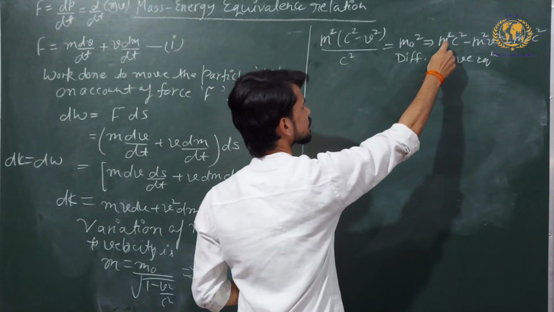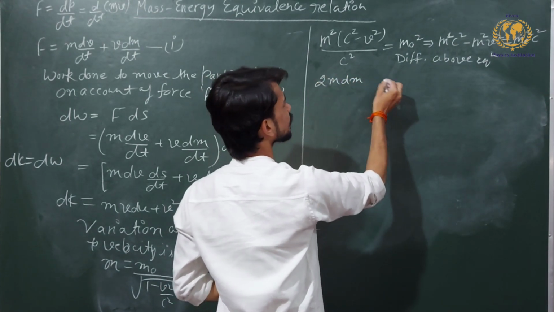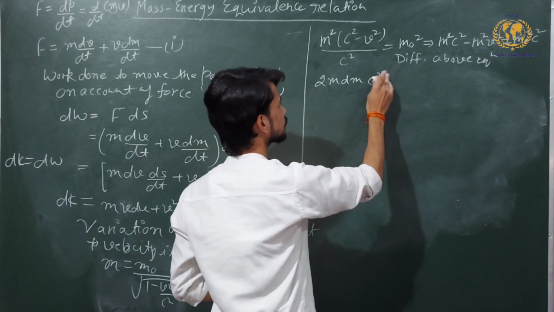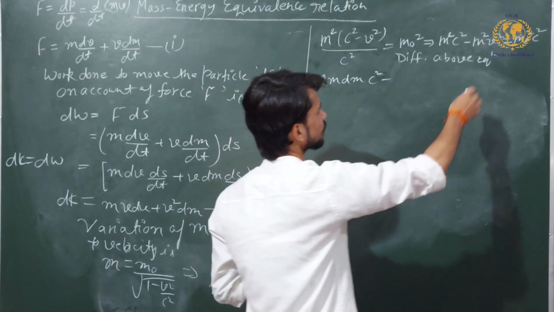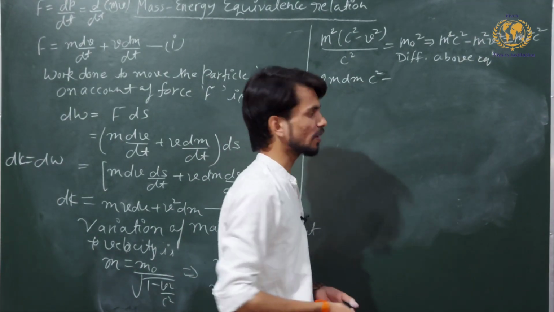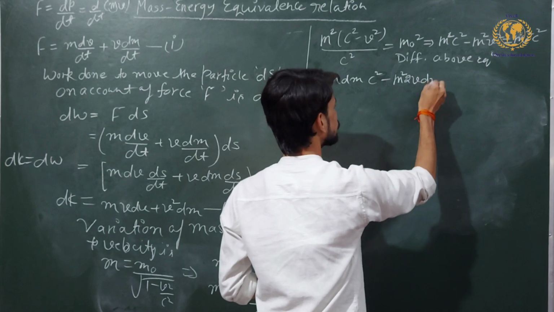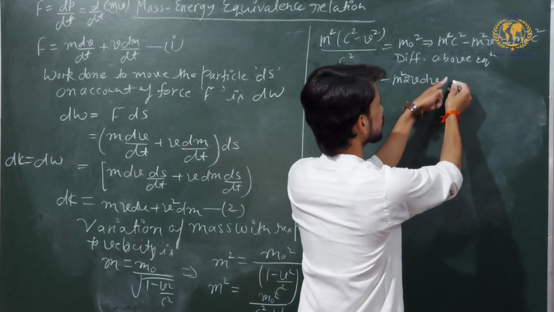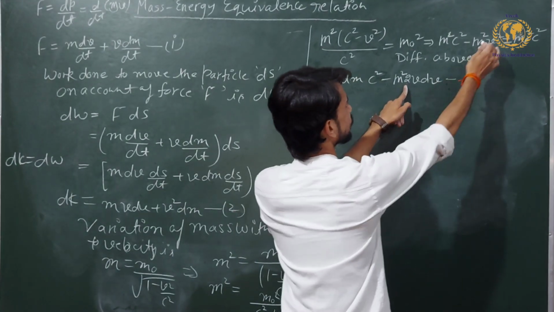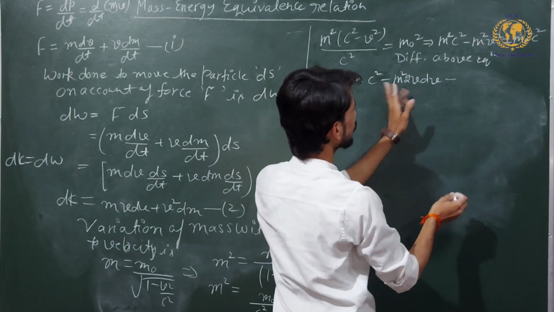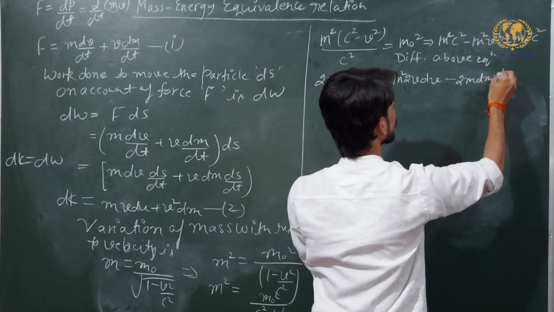As m is not constant, it is variable, the differentiation of m square will be 2m dm, and c square is constant, and minus, again m and v both are variable, so differentiation will follow the product rule. So this will give me m square times 2v dv, and this minus will change the plus into minus again. Now the term for m square: differentiation of m square will be 2m dm, and v square will be the same.